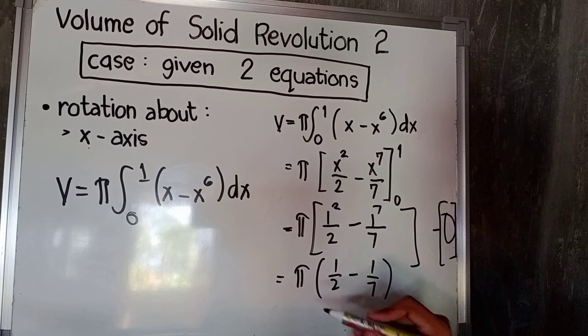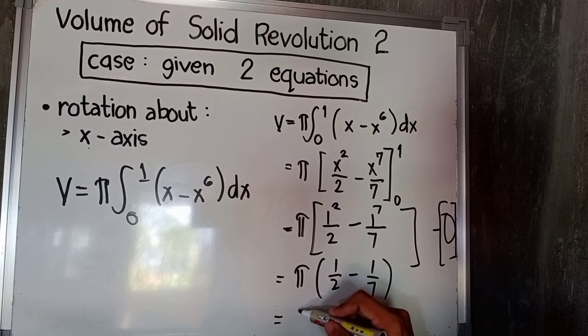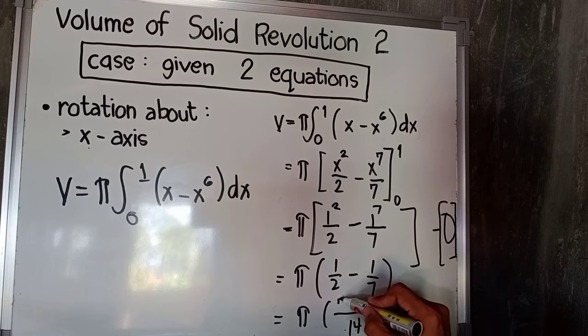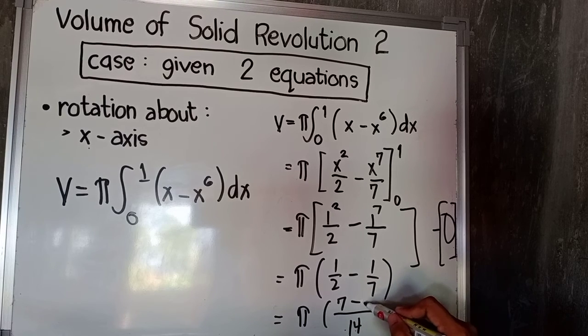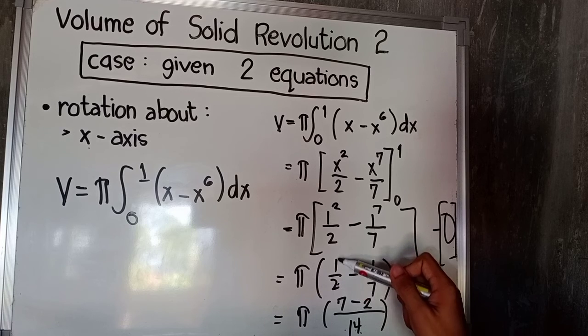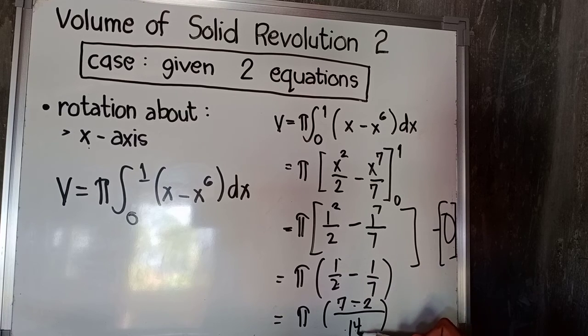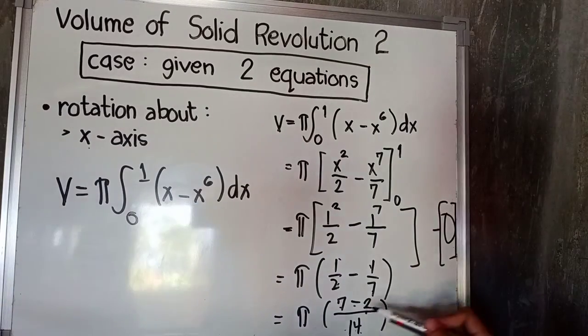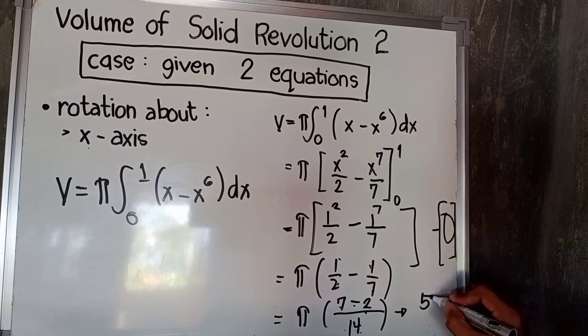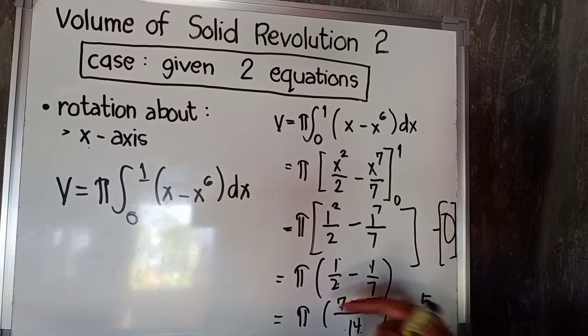So, yun na yan. 0 na yan. Then, we have here 14, 7 minus 2. LCD nito ay 14. 14 divided 2 is 7 times 1, 7. Then, minus 14 divided 7, 2 times 1 is 2. So, this is equal to 5 over 14 pi.